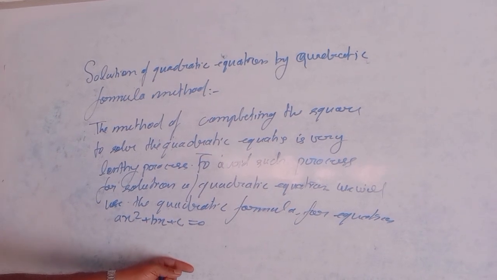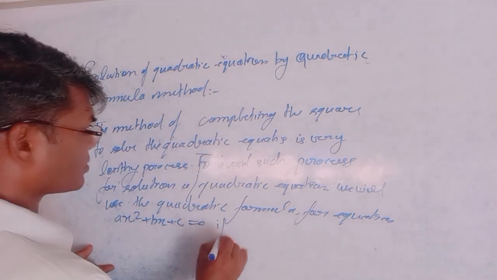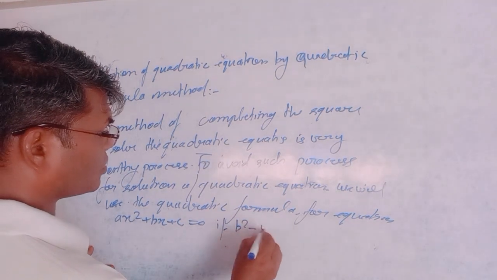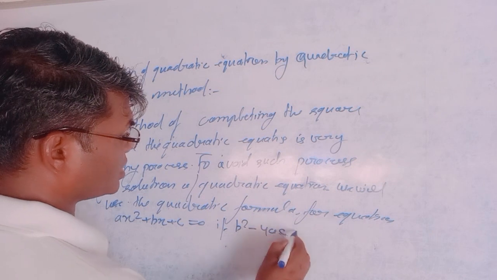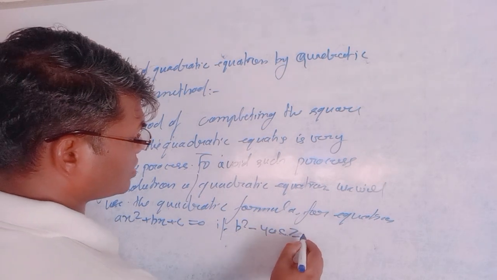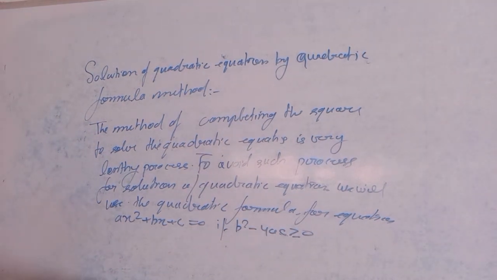Where b square minus 4ac is greater than or equal to 0. Okay, by means of this we will solve these equations.